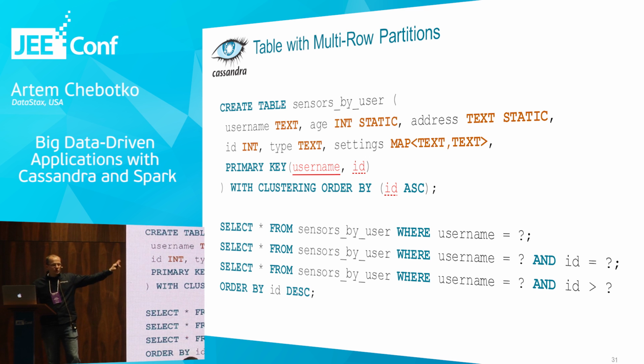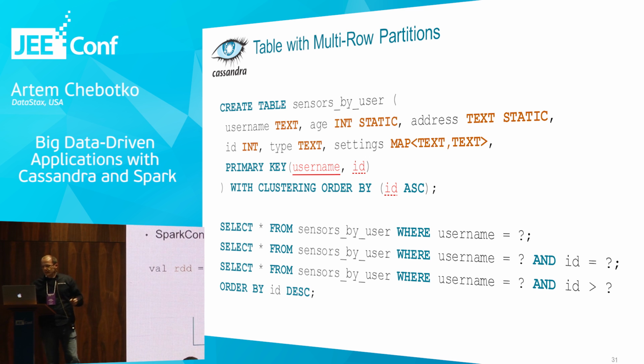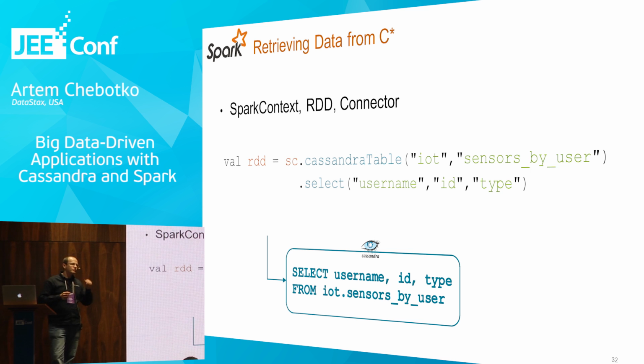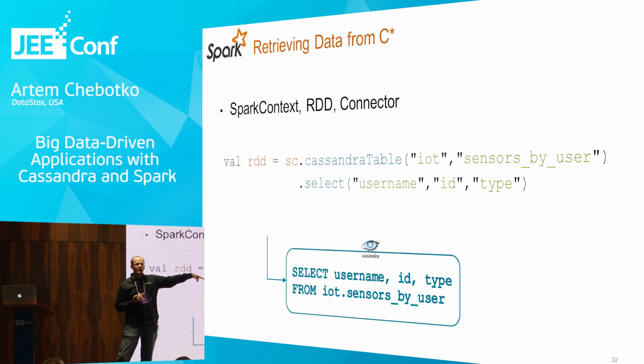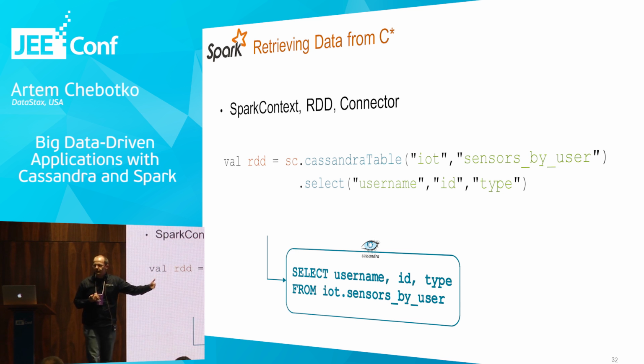Okay, so I'm going to use these 3 tables in the next few examples where we are going to read the data from these tables into Spark. This is the first, simplest example, and we're reading from the table sensors by user and selecting 3 different columns. This object sc is a Spark context object, right? I didn't define it, but it's pretty easy to define.